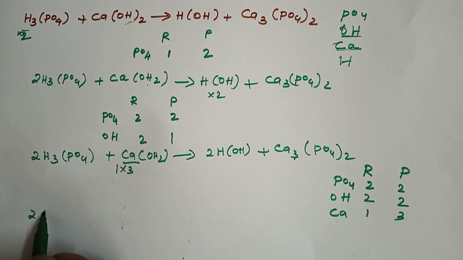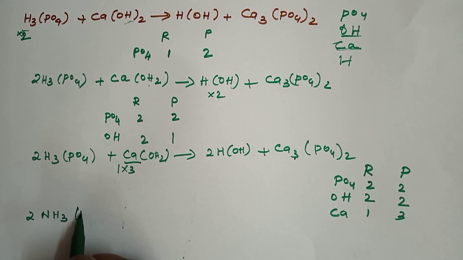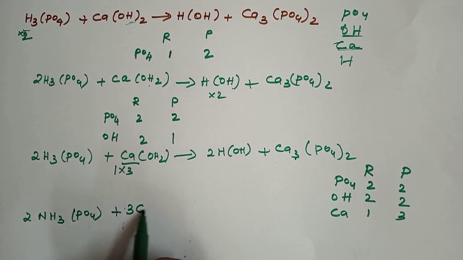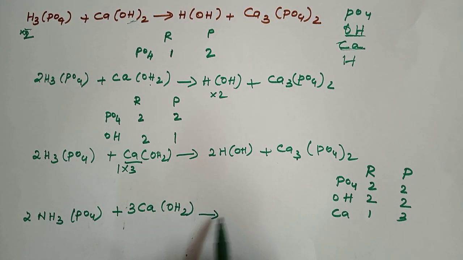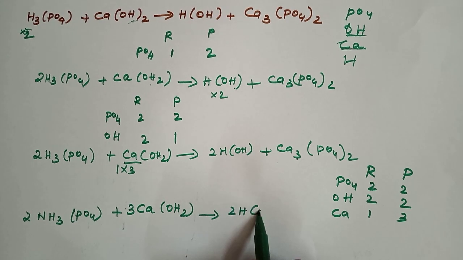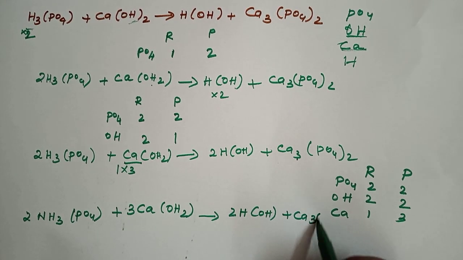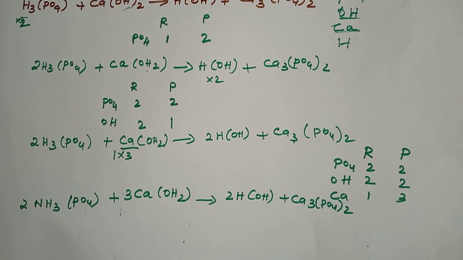So the new equation is 2H3PO4 plus 3CaOH2 gives 2HOH plus Ca3PO4 2. This is a new equation. Understood?